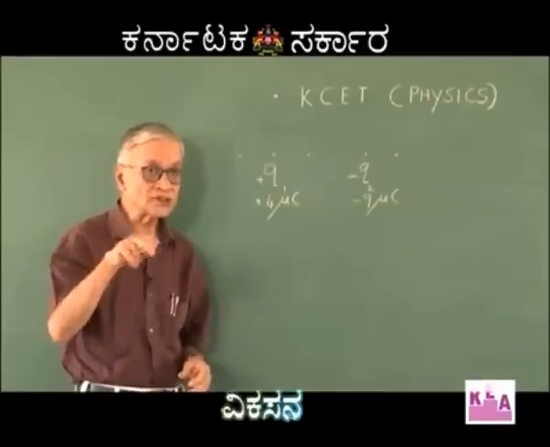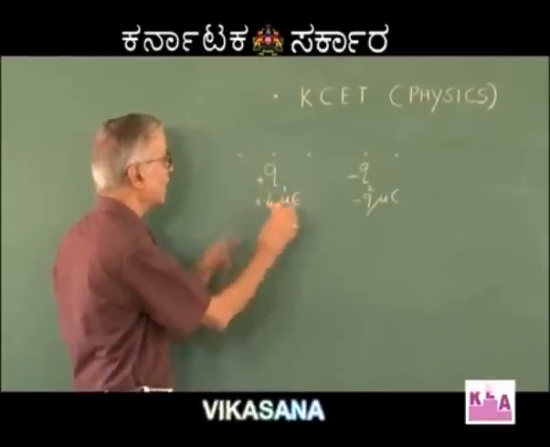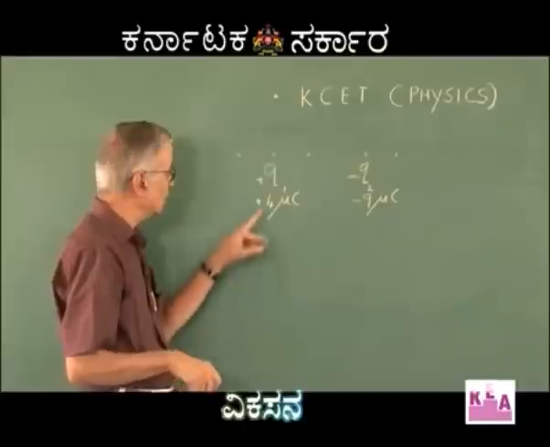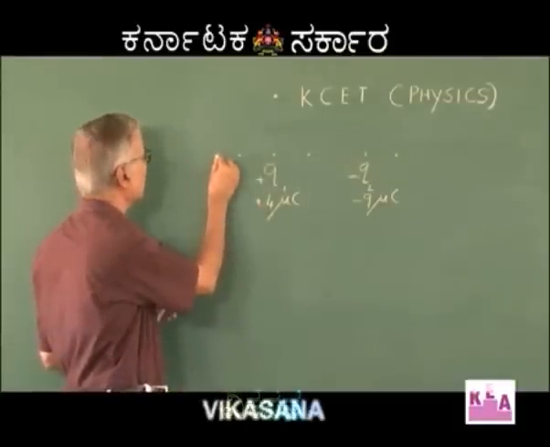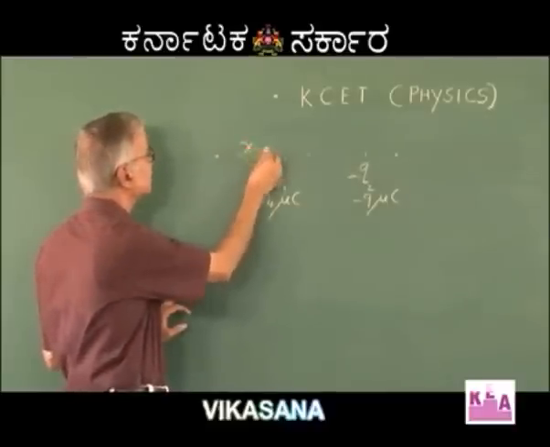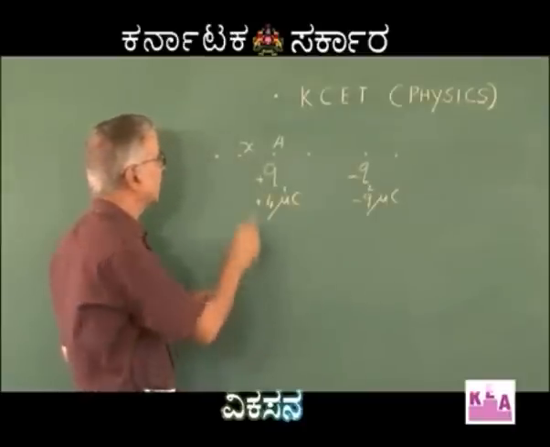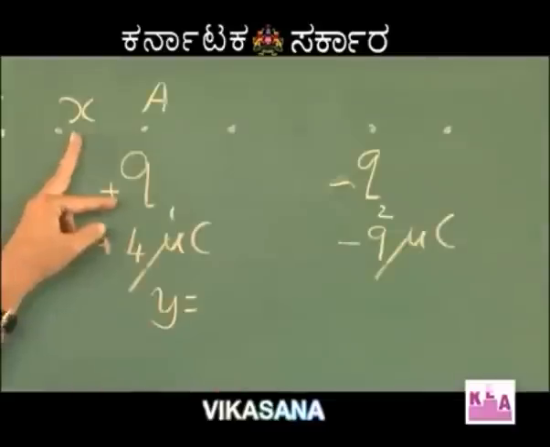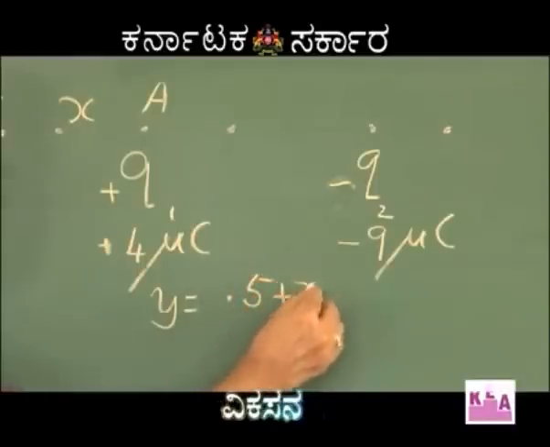From what I told you just now, the null point must be beyond the line joining the two charges and closer to the smaller of the two charges, which means the null point must be somewhere here. Suppose it is at a distance x from A and y from B, then y must be equal to x plus 0.5, that is 0.5 plus x.